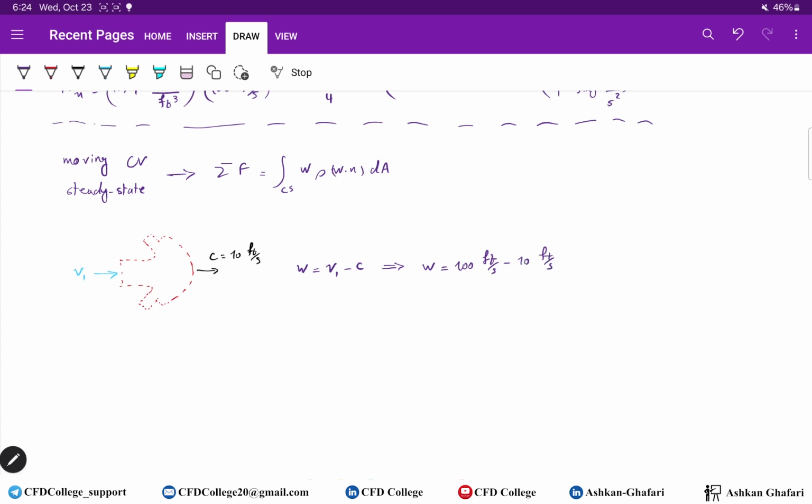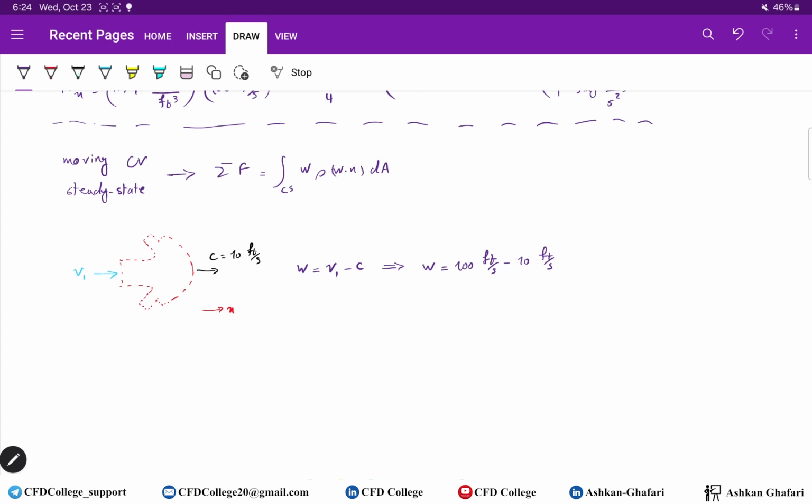Remember, this is x direction and they are both parallel and in the same direction as the x-axis.